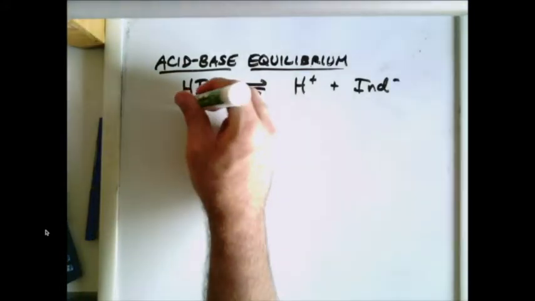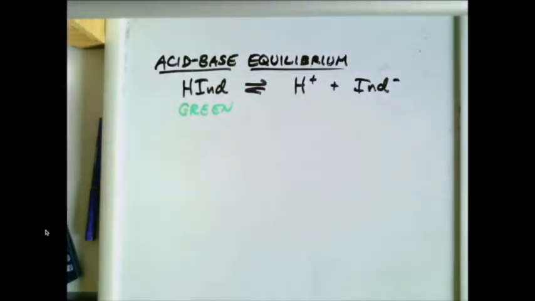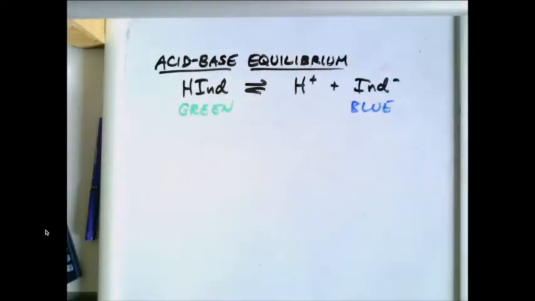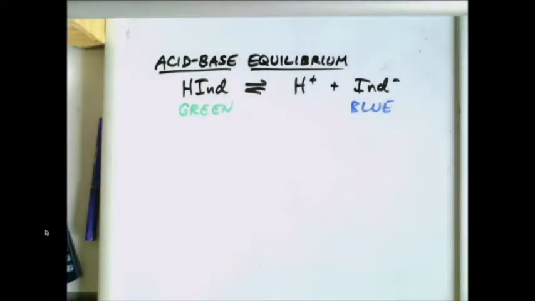So for example, I might have something that is green when it has a proton on it, but then is blue when it loses that proton. Or if you think about something like phenolphthalein, which we've used on a few little titration experiments, it is colorless with the proton on and then turns a bright pink with the proton off.